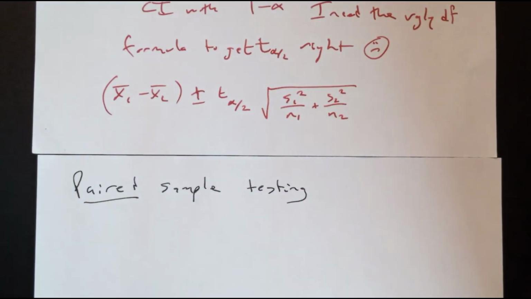If I'm comparing one version of a product to another, product A versus product B, I go and I get a bunch of people and I ask their opinions of the first product. I ask their opinions of the second product. It's the same people. I should compare their opinion with themselves, as opposed to this whole group with that whole group.